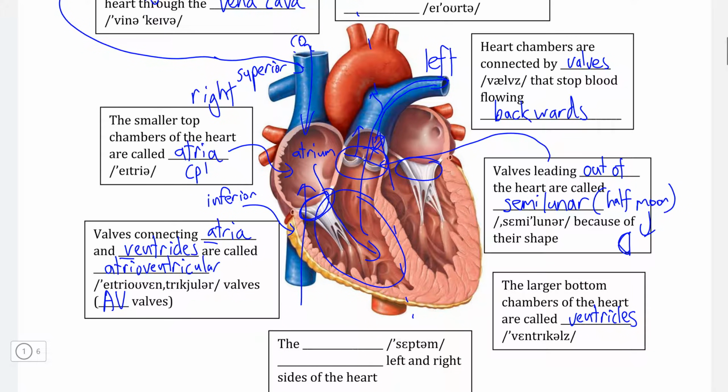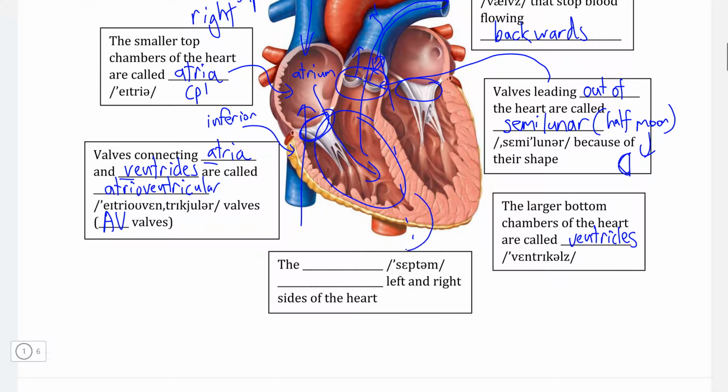However, if you take your hand out and overlay the heart with where your heart is, you will find that this side is on the left-hand side of your body, and this side here is on the right side of your body. And there is an easily defined feature right here that separates the right side and the left side, which is a structure that we call the septum.